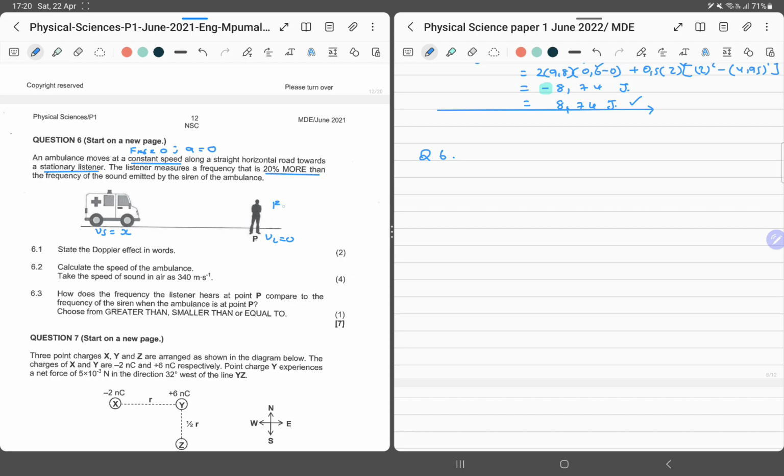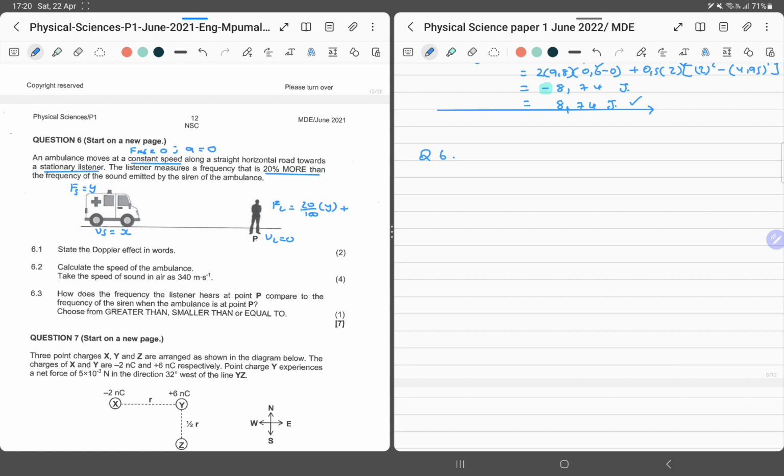So what does that mean? It means our frequency of the listener is basically going to be 20 over 100 of whatever value y that frequency is. Let's just say the frequency of the source is y. So it's going to be that plus, because they said 20% more than the frequency that was emitted.